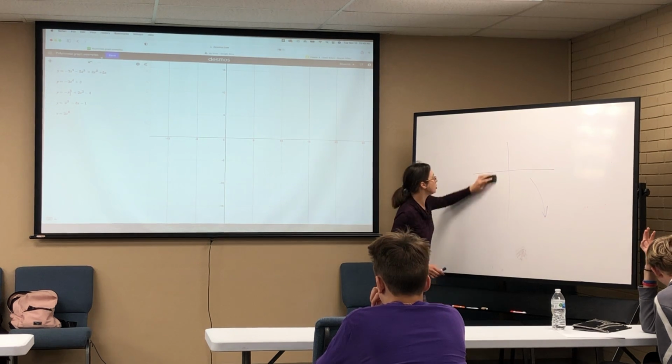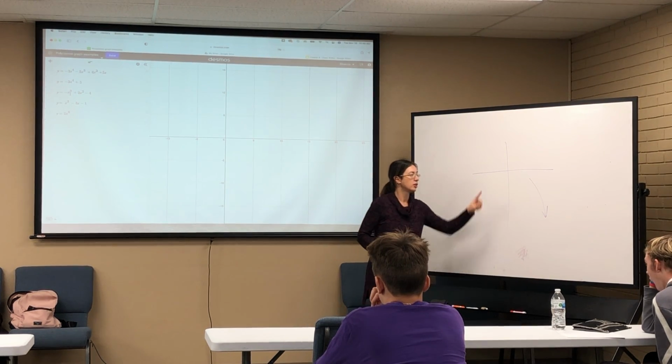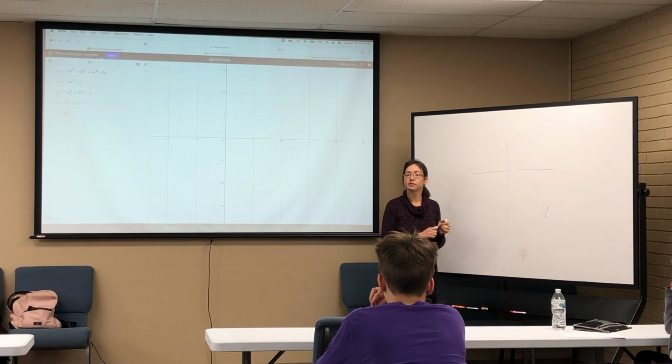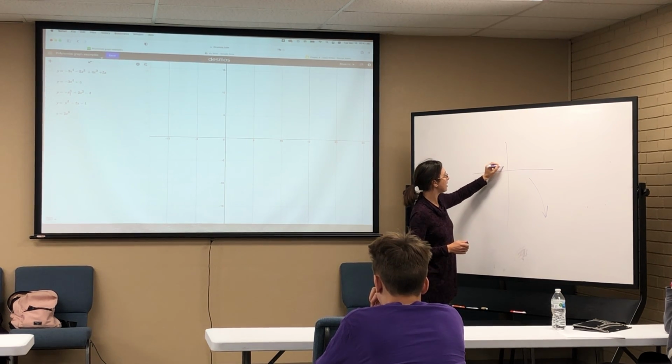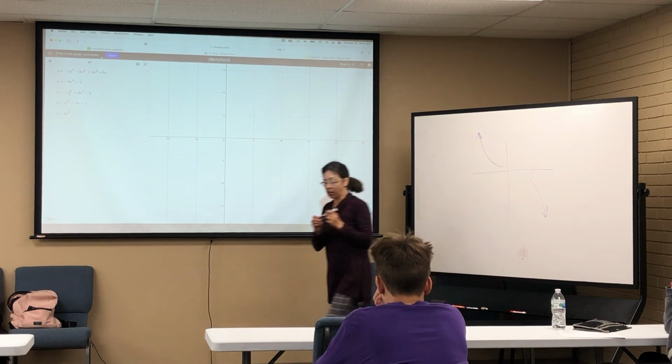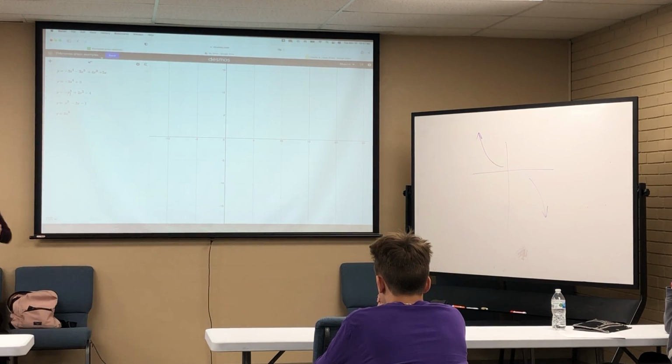We know it's called a cubic. And what about the other side? It's opposite, because it was odd, so it's going to go up. Correct? So let's double check that one. There we go. We're seeing that our graphs are matching what we think they should.